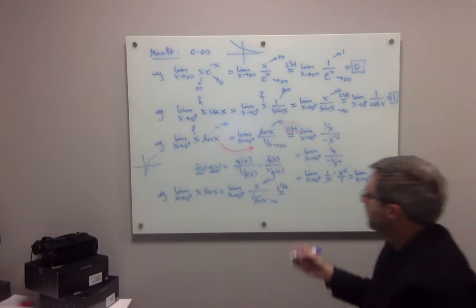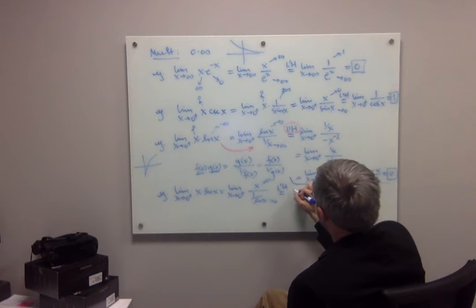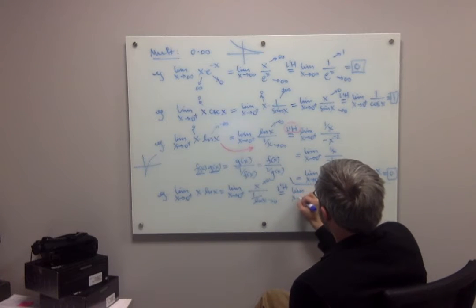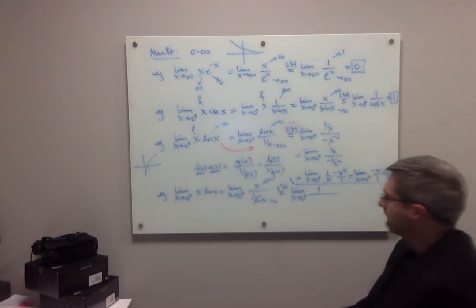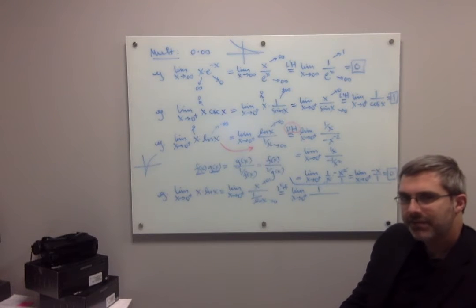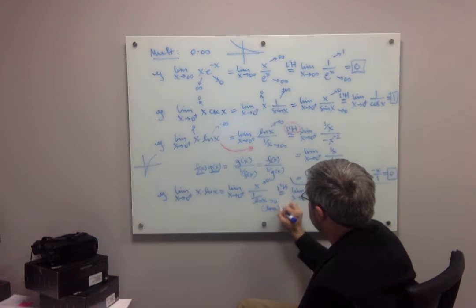Okay. And the derivative of the top, let me just section this off, is nice. Derivative of x is just 1. But do you see what's going to happen on the bottom? This is natural log of x to the negative 1.